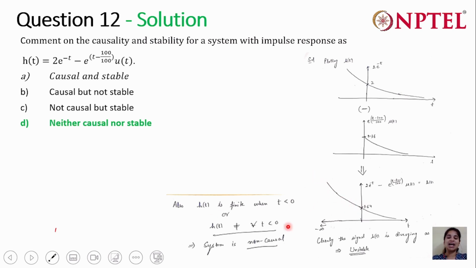So this system is directly not a causal system. In the same way, for t tending to minus infinity, h of t tends to infinity, so this system is an unstable system. h of t is basically diverging.